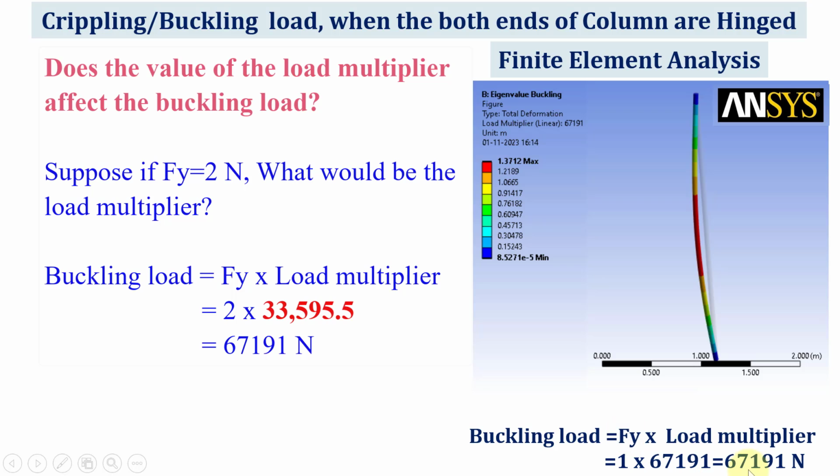Absolutely not. If I take 2 Newton as a reference value, then the load multiplier value will be exactly half of this value. So no matter what value we take for the reference value, the buckling load will not change.